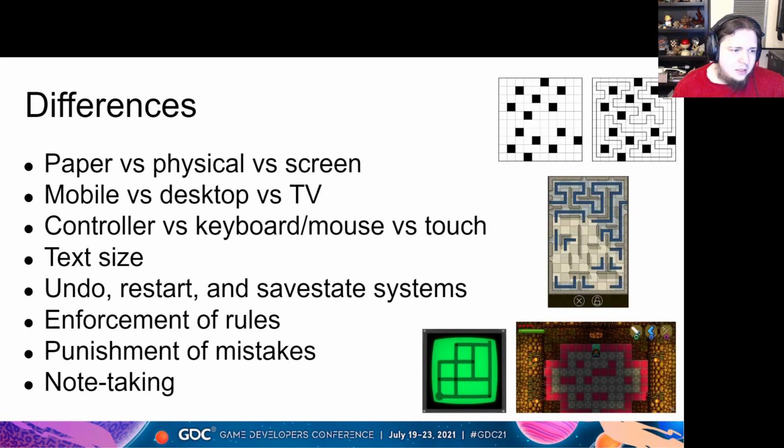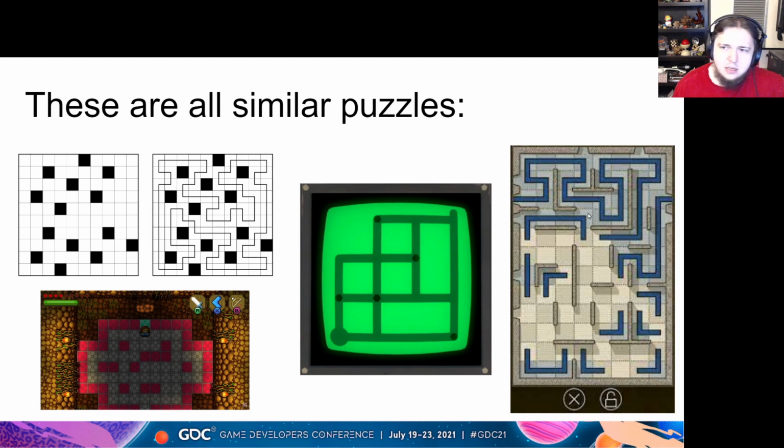Like if you go back to this Alcazar puzzle on the right-hand side here, you could never make this in The Witness, because it would just be too frustrating for players. Like they would literally need to print screen it and go into Paint, because you can't necessarily solve it start to end without making a mistake. It's just too much for the player's working memory to be able to do that in their head, right?